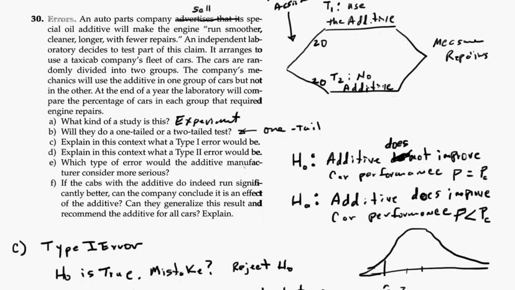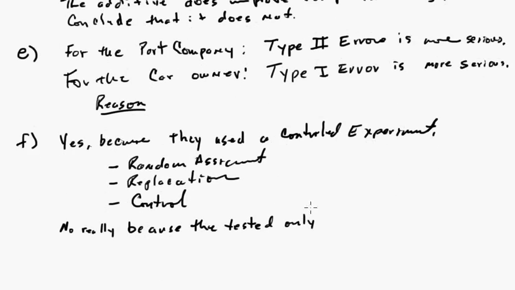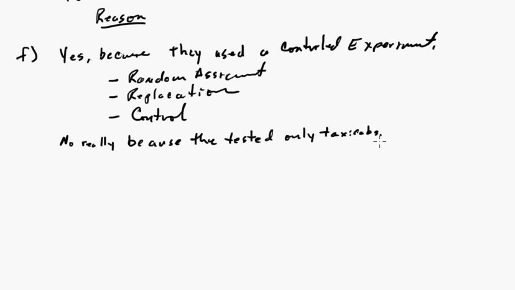Yeah, a taxi cab company, so only taxis. Only taxi cabs. So taxi cabs get a lot more wear and tear than some cars. So it could be that a car that isn't used to drive very far, you might not see a significant reduction in repairs. So you have to be careful generalizing.